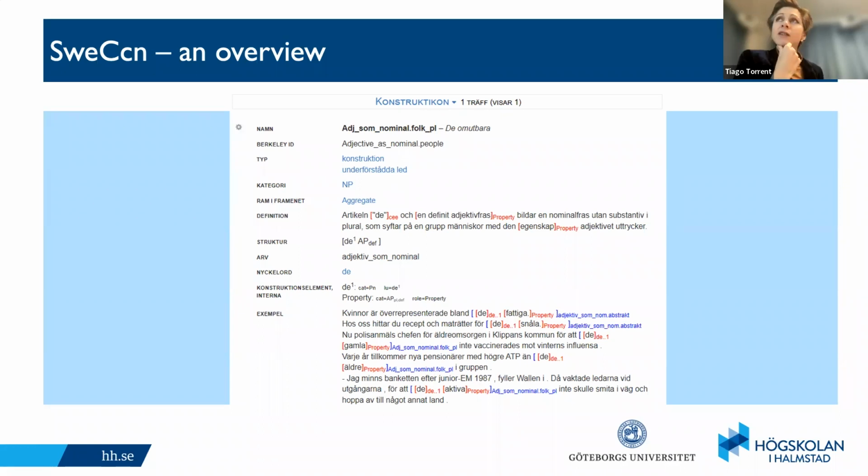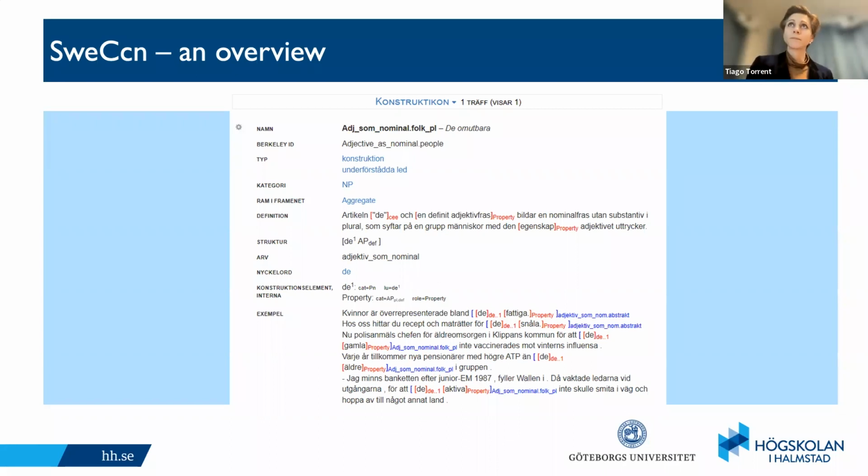We have inheritance. In this case, we have a more general adjective as nominal. And further down, we have keywords, in this case the definite article in plural. Then we have the internal construction elements, and then some annotated examples. So that's basically how a Constructicon entry looks in the Swedish Constructicon.